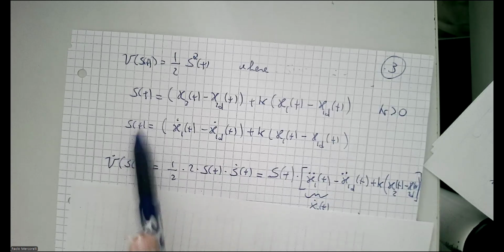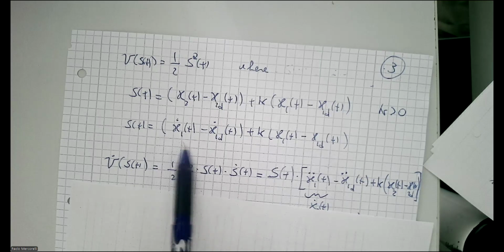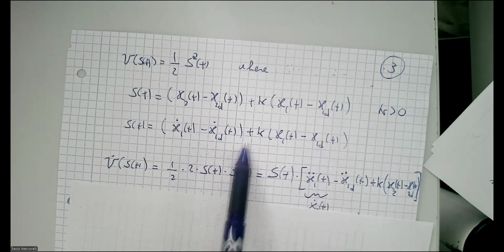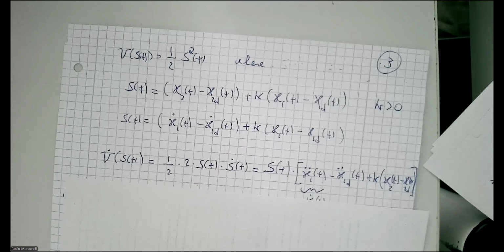It is very important to understand that when s of t is equal to 0, we have the dynamics: the error of x1 goes to 0 with the dynamics of the error derivative plus k multiplied by the error. This means that by increasing k, I will speed up.